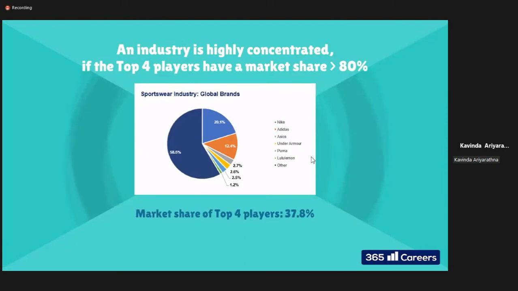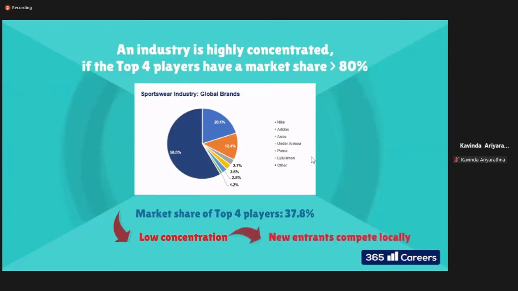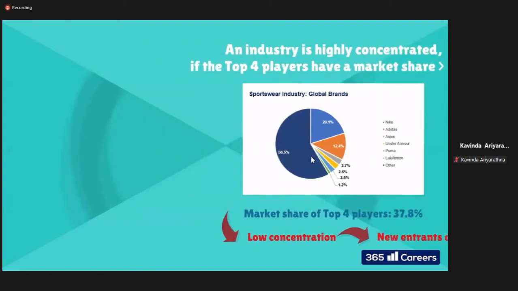The 2 global giants in this industry are Nike and Adidas, with a market share of 20.1% and 12.4% respectively. Asics and Under Armour complete the top 4 list, but have a significantly lower amount of sales, 2.7% and 2.6% of the total market. The fragmentation of this market and the presence of a few global giants mean the other competitors can compete with established global brands at a local level only.